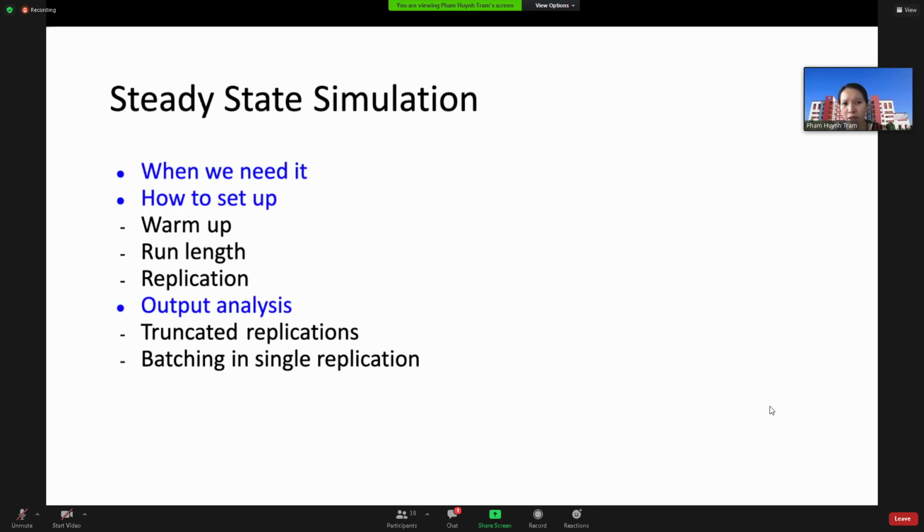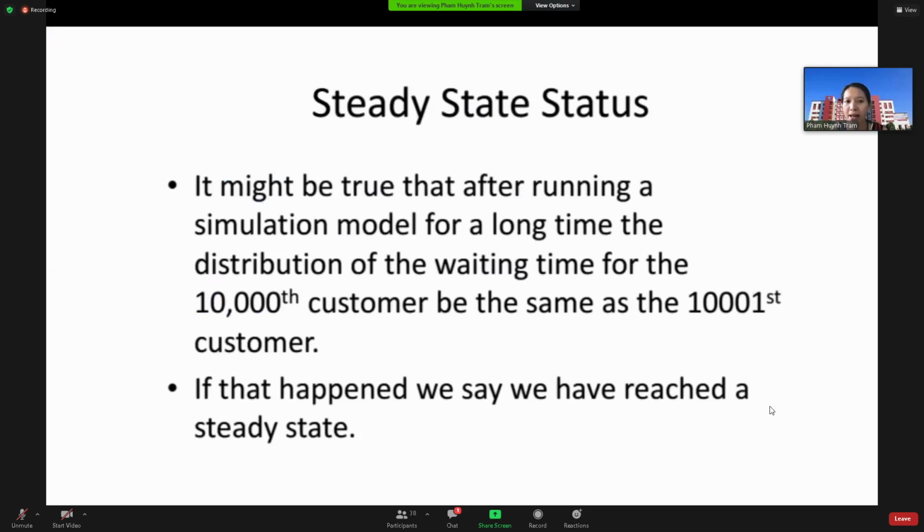Whether we treat the system as a steady state simulation or terminating simulation actually depends not only on the nature of the system, but also on our simulation objective. When we say steady state simulation, we mean that we need to run the simulation long enough so that we can achieve the stable state of a certain performance output.